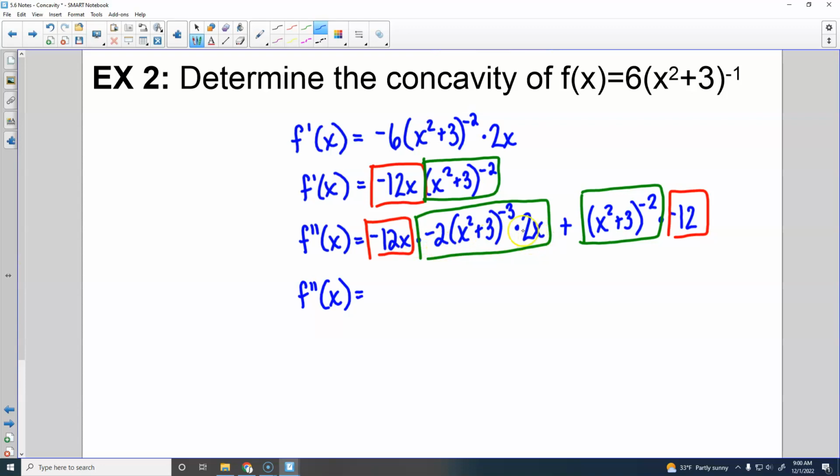That's going to give me 24 times 2, which gives me 48x squared times x squared plus 3 to the negative third. And then here I'm going to have, let me change that plus to a minus, 12 times x squared plus 3 to the negative 2.